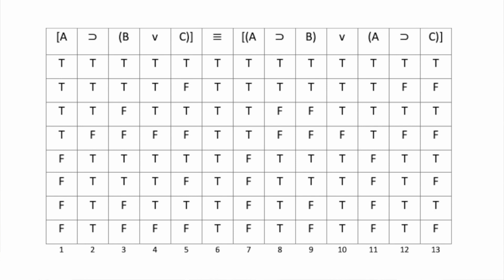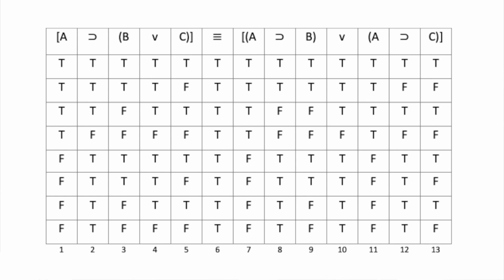Okay, so now that you have all this filled out and figured out, you can start calculating the possible truth values inside the truth table. First, calculate column 4, which is the disjunction, B or C, using columns 3 and 5. Next, calculate column 8, which is a conditional, using columns 7 and 9. Next, column 12, a conditional, using columns 11 and 13.